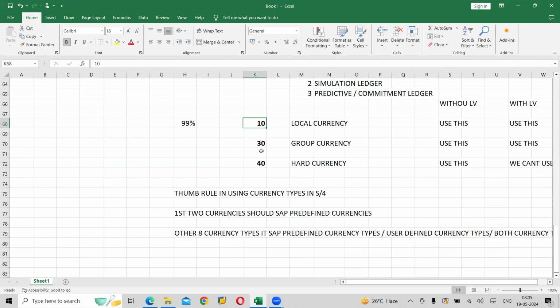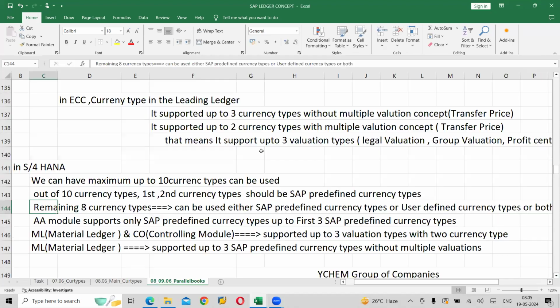Okay, next one. When it comes to the asset accounting module, it supports only SAP predefined currency types, up to the first 3 SAP predefined currency types only. So remember this, this is very, very important.